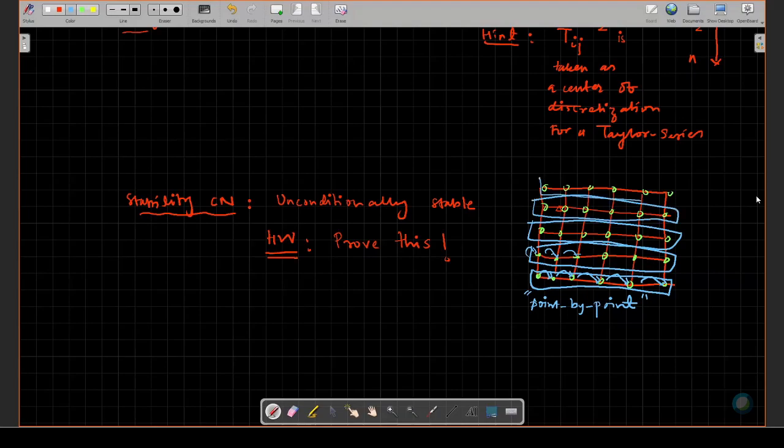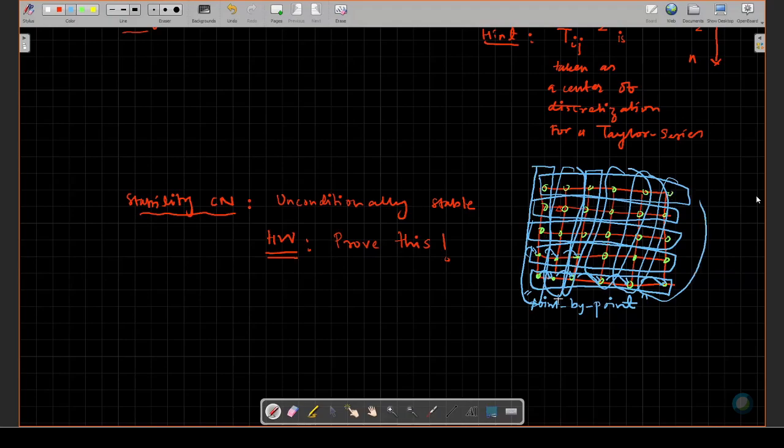Once you are done blockwise, then we can do the vertical blocks, vertical blockwise. If you do it blockwise, then it is called a block iterative method.